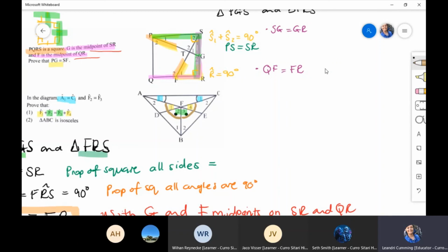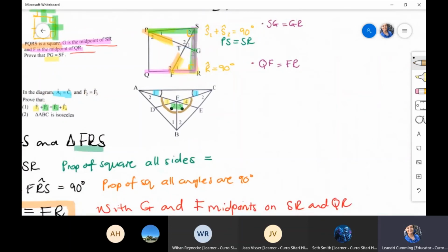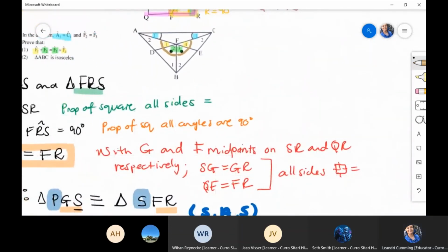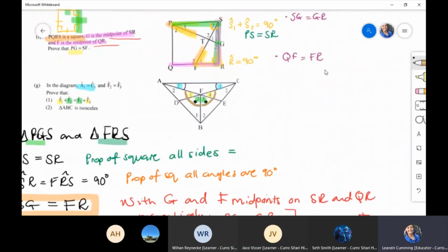So when we look at our triangles, we can start with, oh, sorry guys. We can perhaps see how to prove congruency in order to get that those two angles will then be equal.